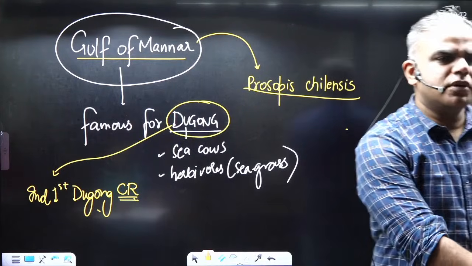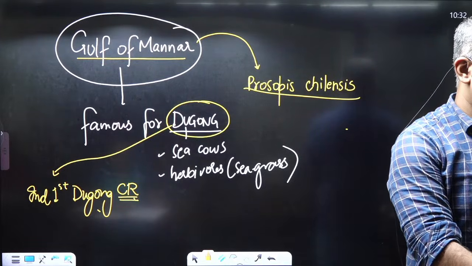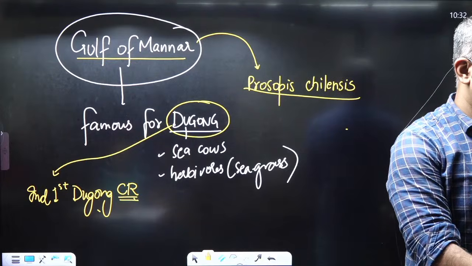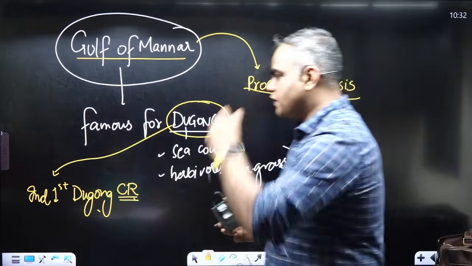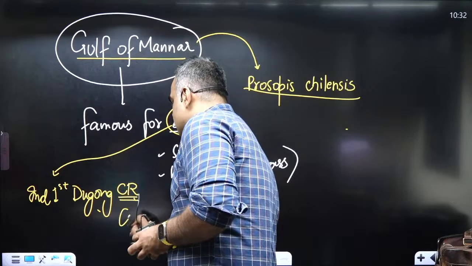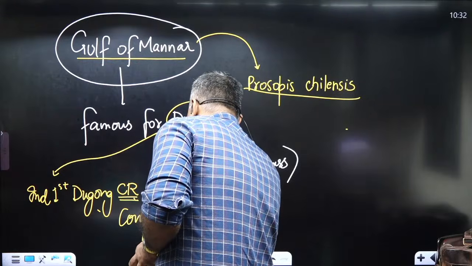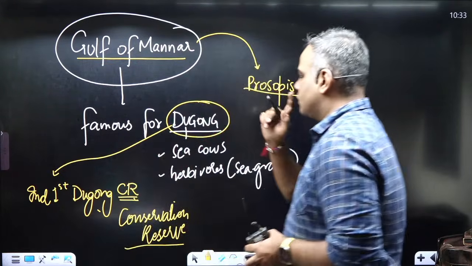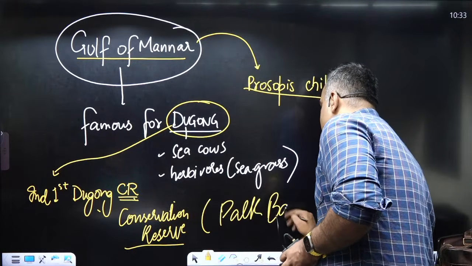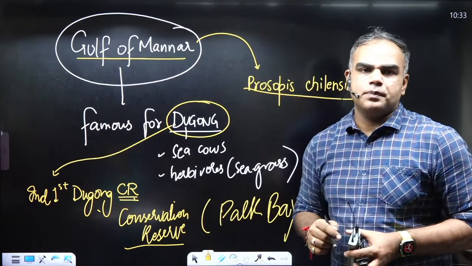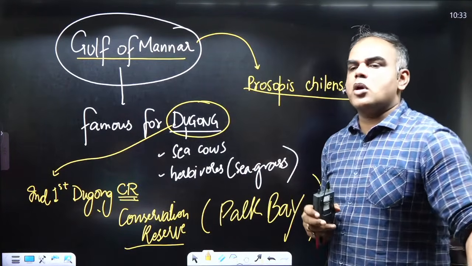This is also how we link it to current affairs. Look, India's first Dugong Conservation Reserve, this is what we have to write. This is in Gulf of Mannar. In bracket you can also write down, very close to this is Palk Bay. So with just one piece of information, we are connecting three things. This will help you better recall.